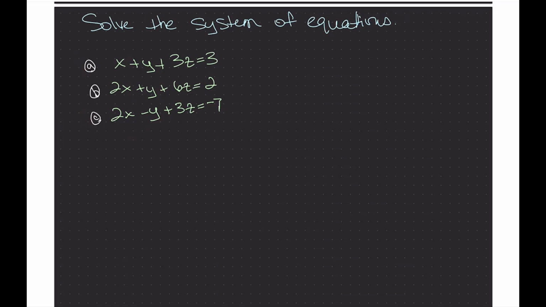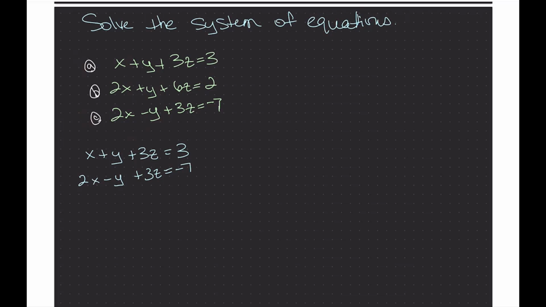Yeah, there we go. So let's start with A and C and put those two together. So if I put A and C together, I would have x plus y plus 3z equals 3. And my C, 2x minus y plus 3z equals negative 7.